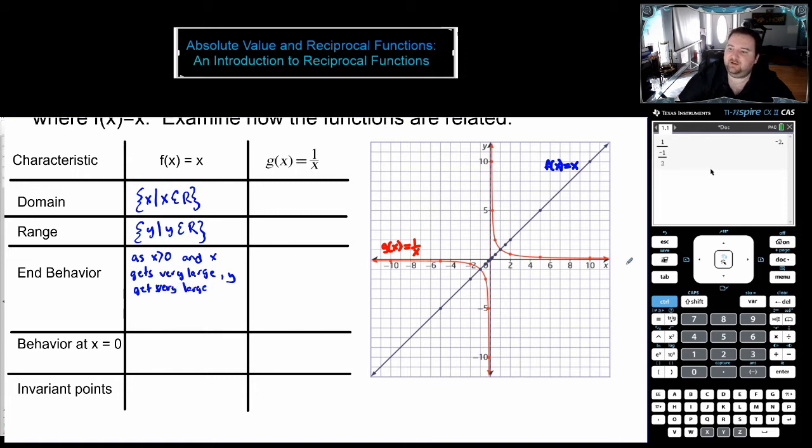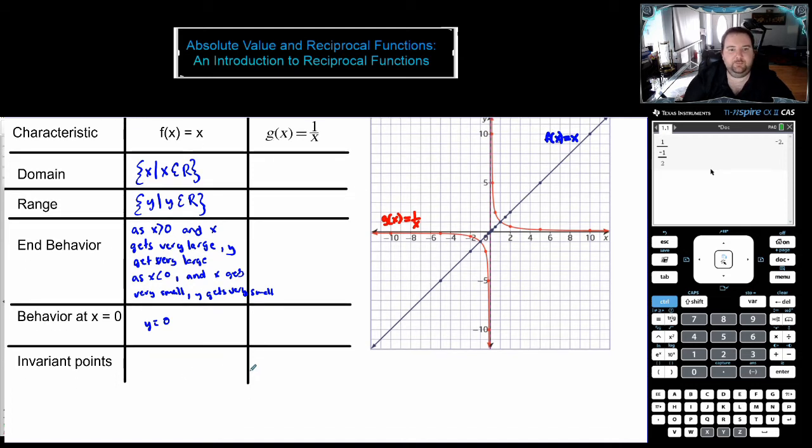Think about when x is 1,000, what's y going to be? 1,000. What about as x gets less than 0 and x gets very small? Well, y is going to get very small. What's the behavior at x equals 0? Well, y equals 0.